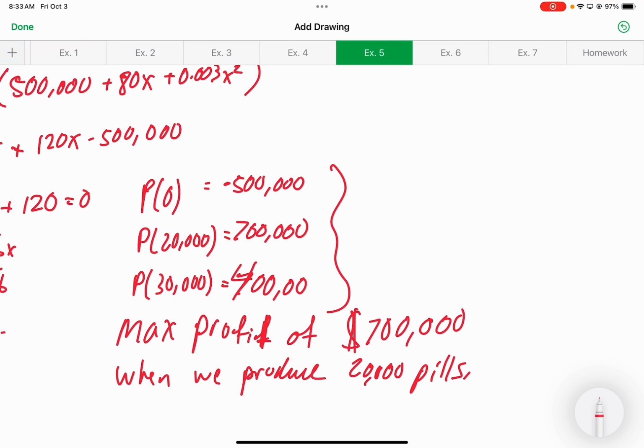A lot of these problems lend themselves to only giving you one realistic critical number. Usually you're checking the endpoints of your intervals, which often is not what you want, but the more exciting value is the single value that you end up solving for that falls in the domain.